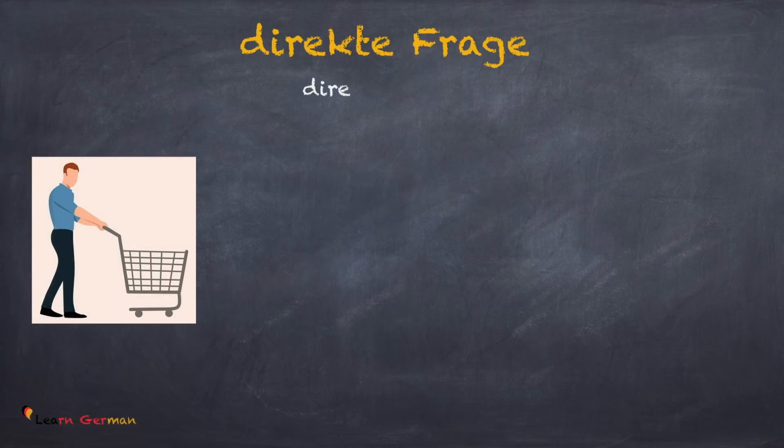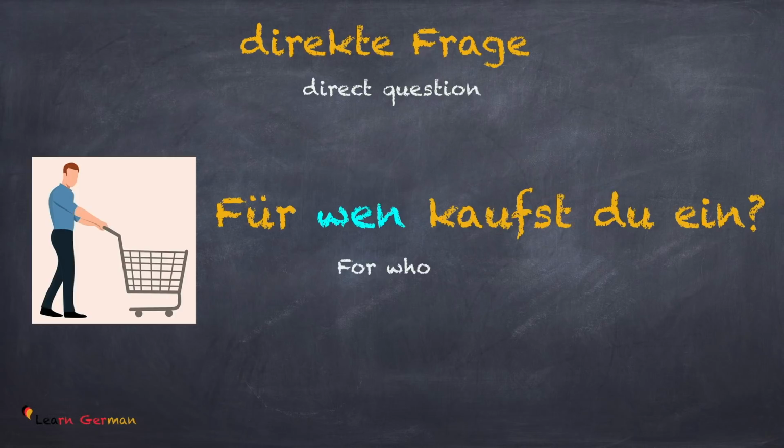Let's look at another example. Für wen kaufst du ein? Sometimes wen is also placed along with the prepositions. But these prepositions should be accusative prepositions. If you want to revise them, you can go through our video on the same. The link is given below.